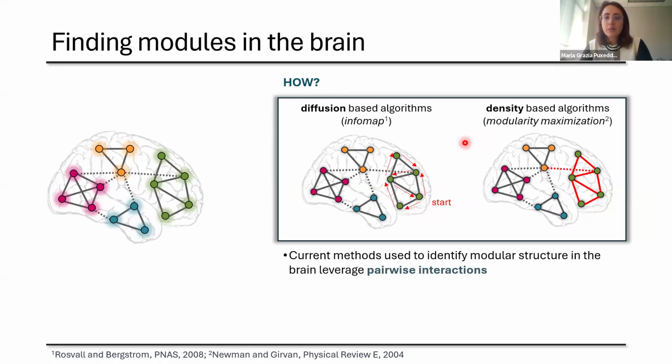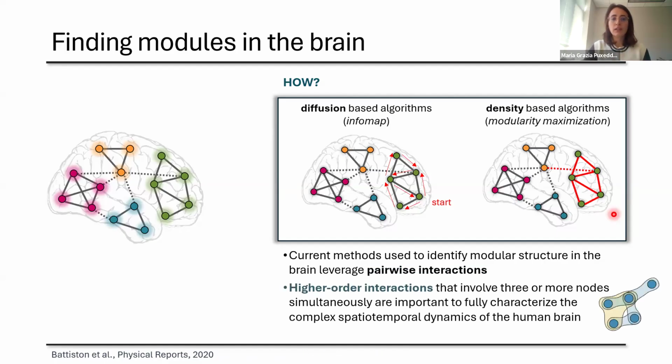And on the other side, we have density-based algorithms like modularity maximization, where we identify modules as those groups of nodes where we count a lot more connections than outside of the modules. What both classes have in common is that they both use pairwise interactions to identify this modular structure.